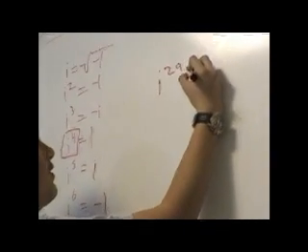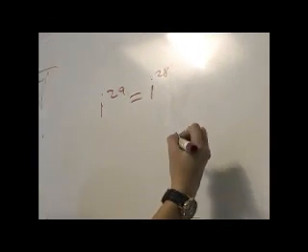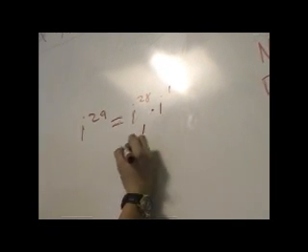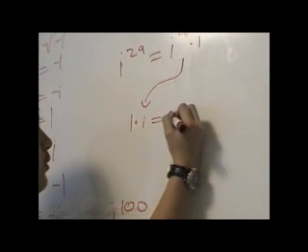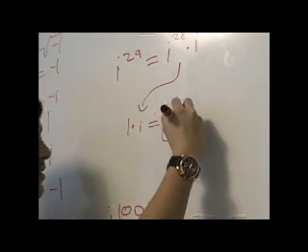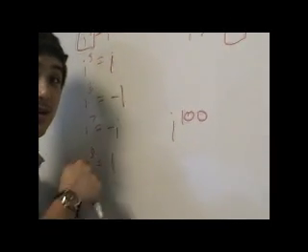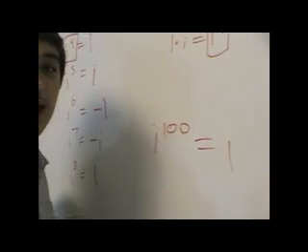For example, i to the 29th can be broken down into i to the 28th, which is divisible by 4, times i to the 1st. That becomes 1 times i, or i. A lot simpler than i to the 29th. With i to the 100th, it's even simpler because it's already divisible by 4. So, it's just 1.